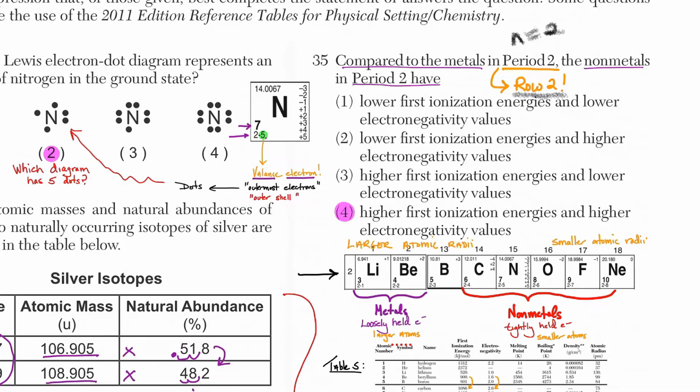You should know your non-metals are above the staircase. Boron is a metalloid, so you should recognize that these are your non-metals here. And it really doesn't matter, but the nonmetals, of course, are going to be those elements that have a higher electronegativity, because compared to the metals, they have a greater number of protons.